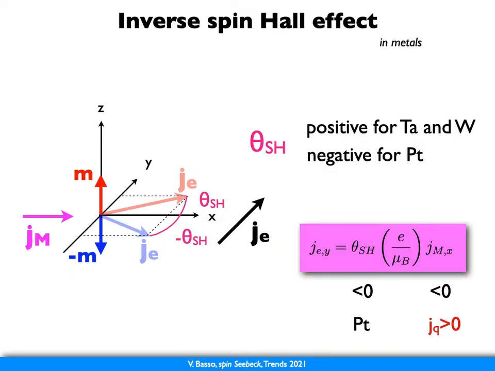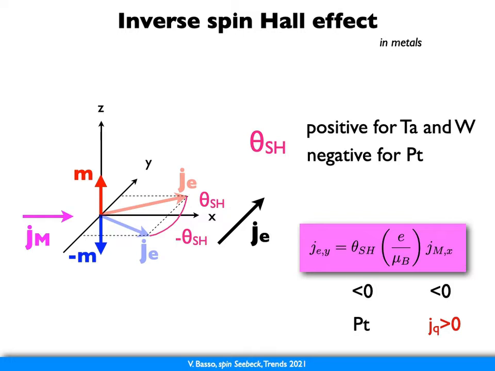So if we go into the metal, we observe a certain current of magnetic moment which is injected there. But because of the inverse spin-Hall effect, this current is partially deviating in a lateral direction. Theta SH is the spin-Hall angle, a property of certain heavy metals. This angle is positive for tantalum and tungsten and negative for platinum. Here we are using the angle for the magnetic moment, not for the spin, so it's opposite with respect to the normal literature.